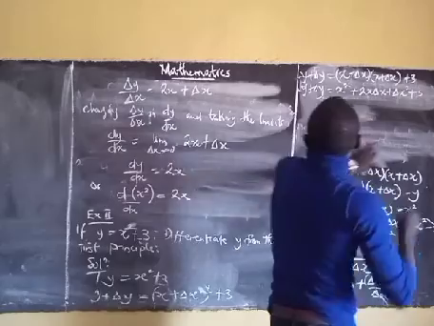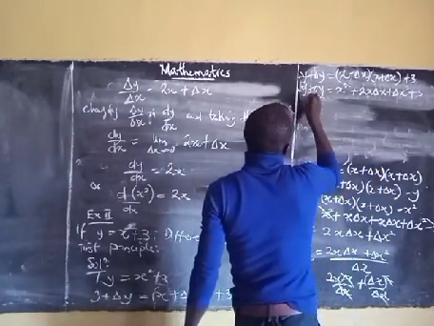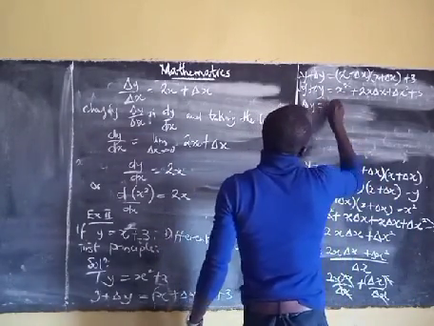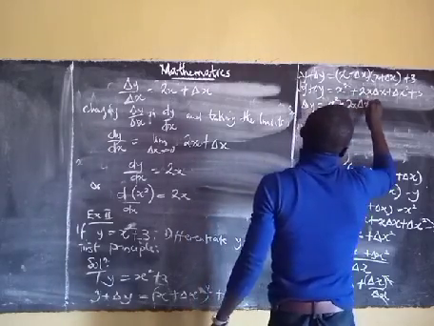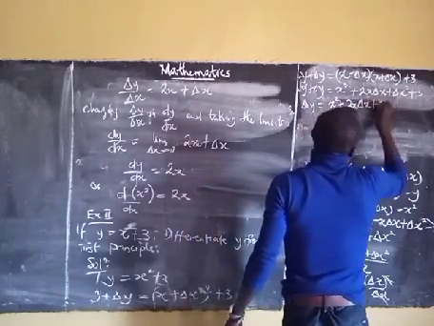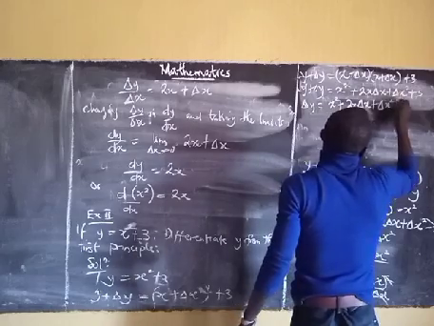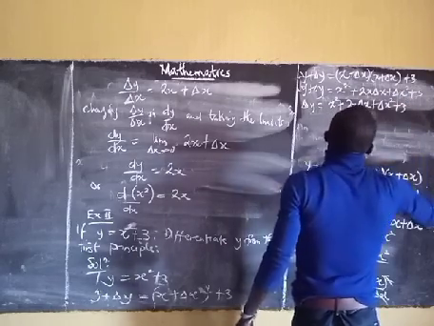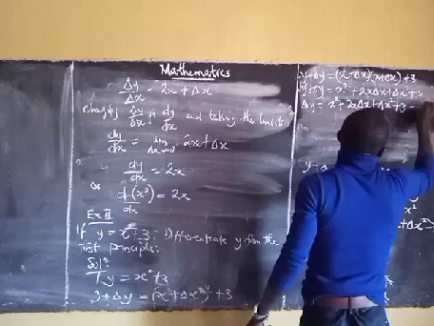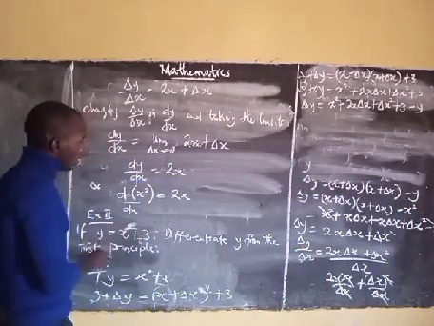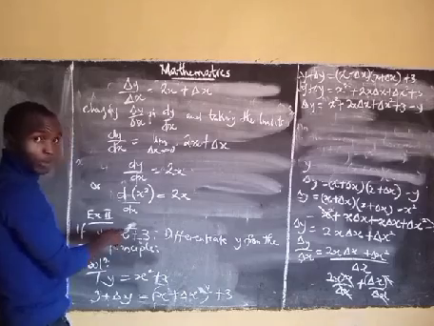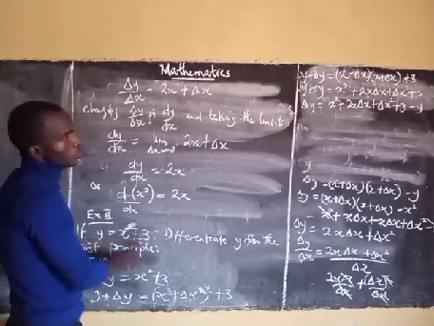Remember, from the equation, we have change in y equals x squared plus 2x delta x plus delta x squared plus 3 minus y. Remember that our y from the equation is x squared plus 3.